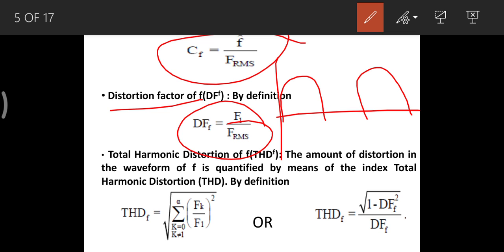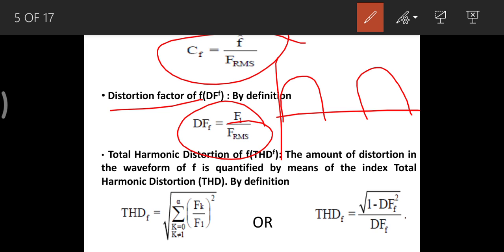The amount of distortion in the waveform of a function f is quantified by means of the index total harmonic distortion. See here, the definition explains how much amount of distortion is in the waveform of a function f. So what it indicates is how much of the waveform is disturbed in total. It is considered as the total harmonic distortion.